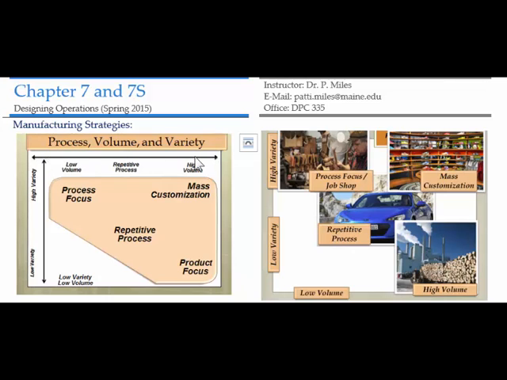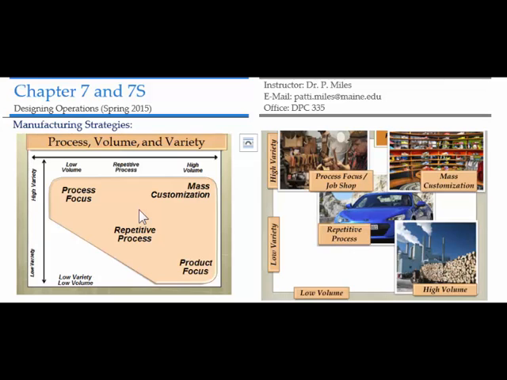There's this line here that, of course, is the horizontal line, and this allows us to distinguish low volume from high volume. And this vertical line over here has to do with variety. So I want you to think of those in terms of production, both the volume that we produce and the variety with which we produce it.